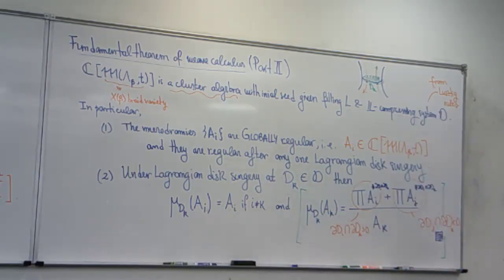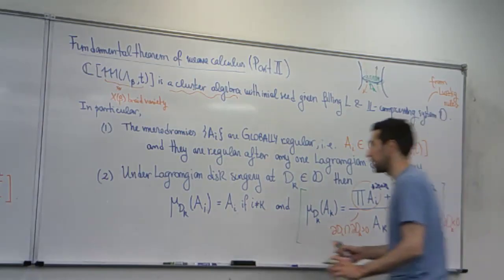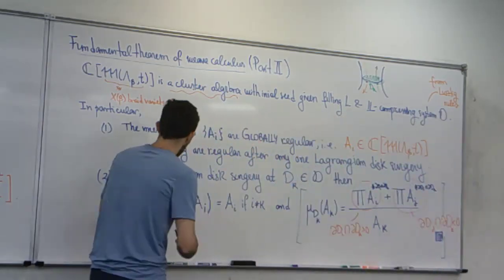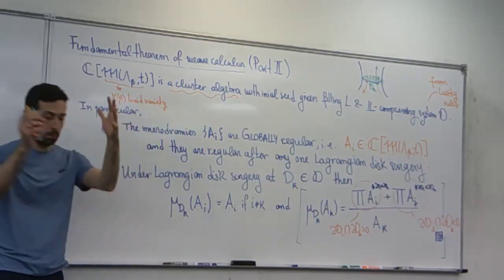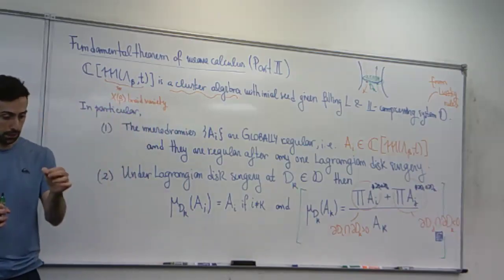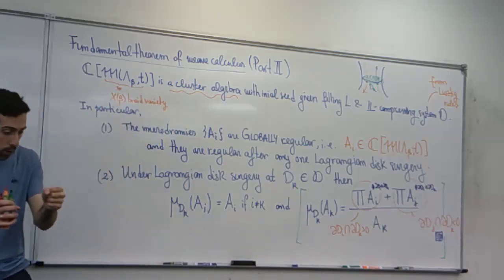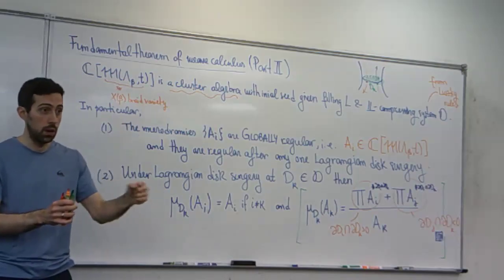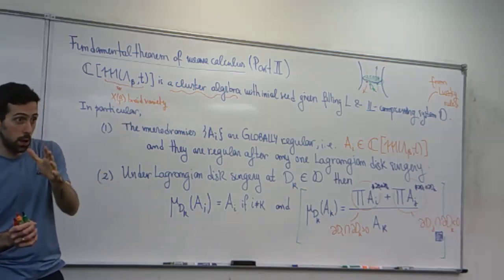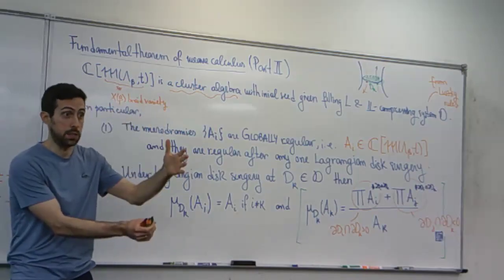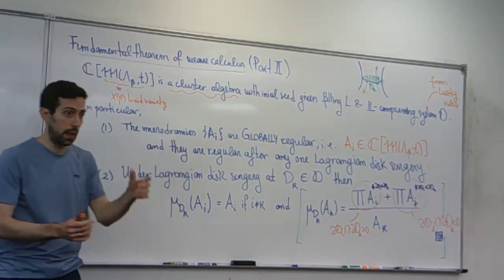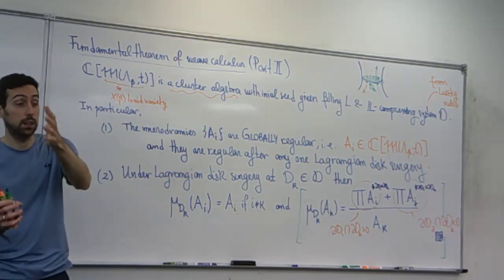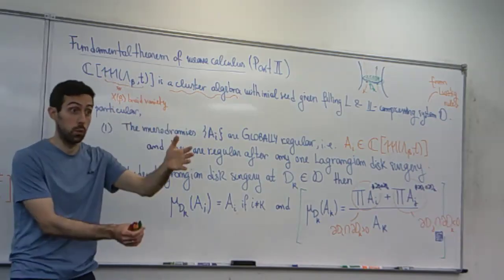Sorry, how does mu dk of Ai then? So this is, okay. So mu dk of Ai is you have your L compressing system, you pick the disk dk, you do a Lagrangian disk surgery along that one, and the old compressing system goes to another L compressing system. Now I'll talk about it a bit later when we're arguing the proof of that, but for now let's just take it as fact that the L compressing system before goes to the new one.